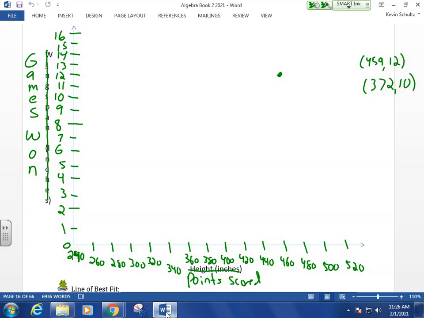Up to 10, go right about there or so. Okay? And don't be too hard on yourself if it's not perfect. You know, we are just freehanding this. But you're going to go through each team and plot that point representing the number of points scored and then the number of games that that team won.